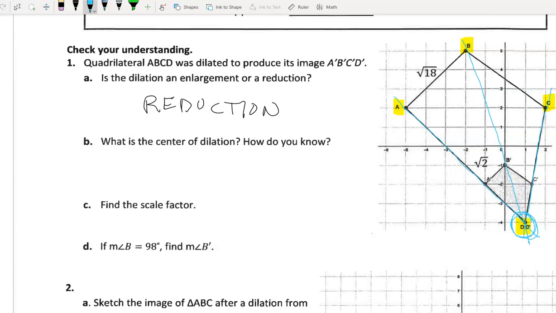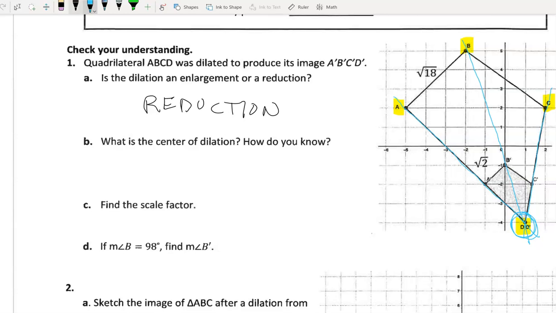In this case, since the center of dilation was one of the points of the original figure, we only have these three lines, because if it's a quadrilateral, normally we would have four lines, and that's how we would see where the center of dilation is.